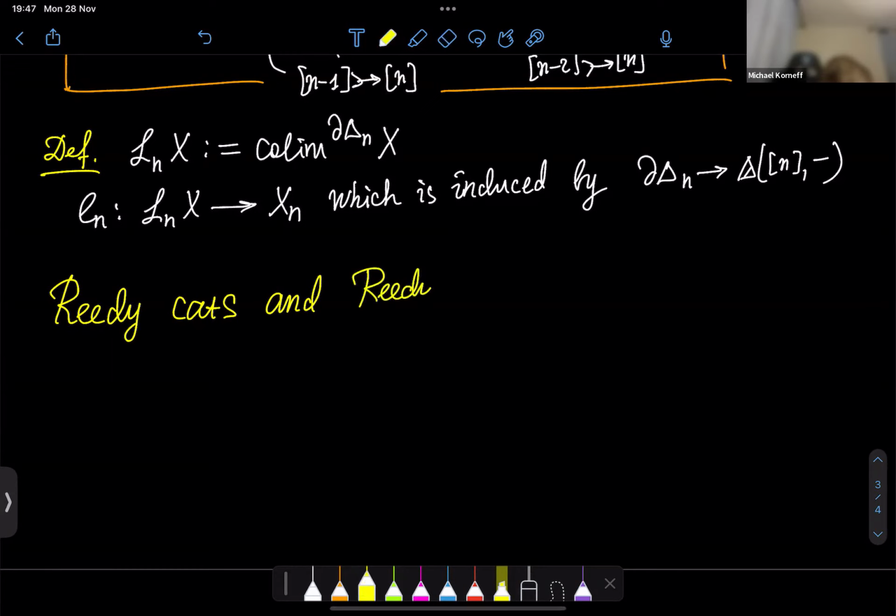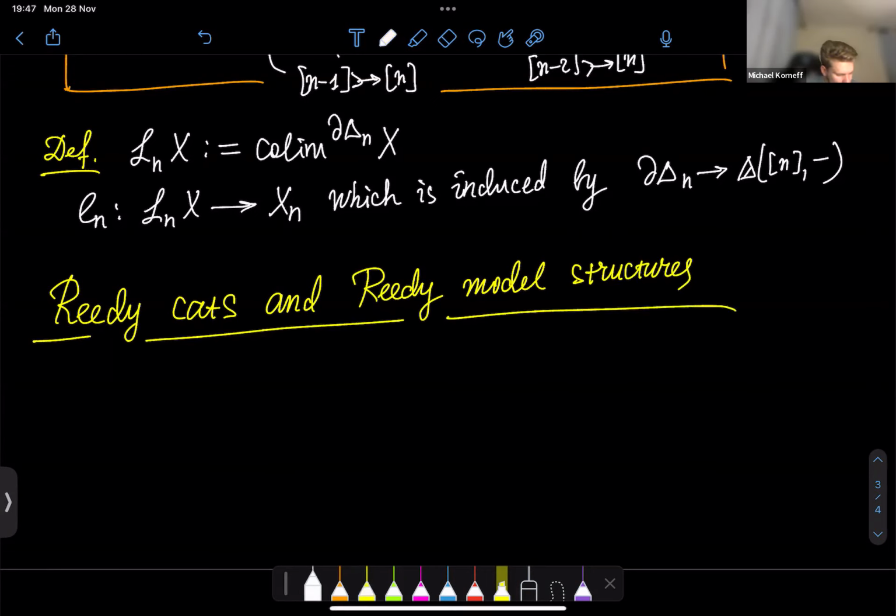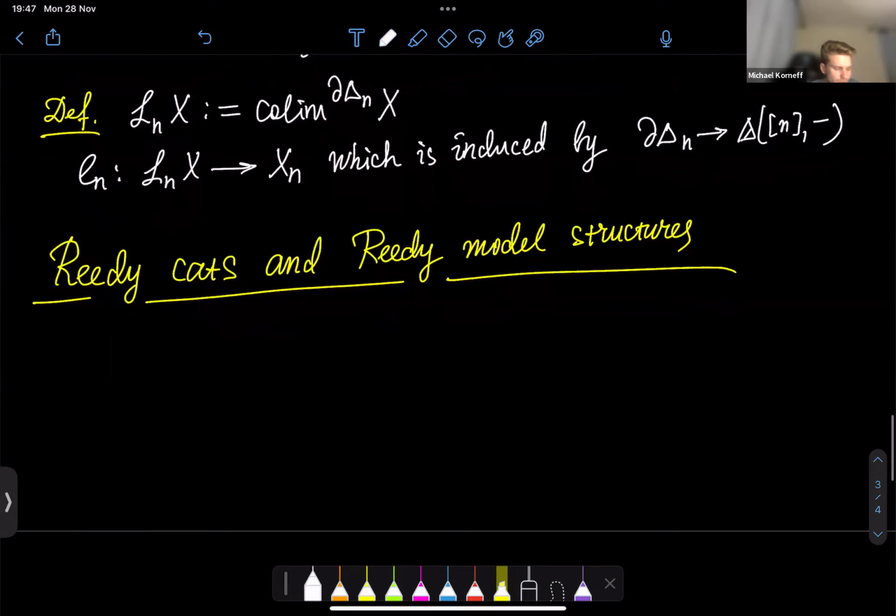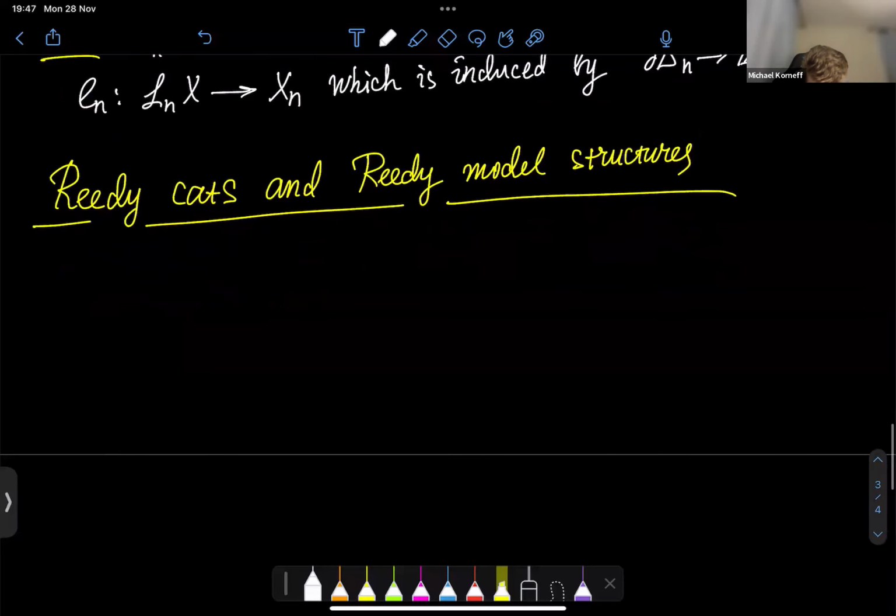The category Delta, the ordinal category, is an example of a so-called Reedy category, and the definition is as follows.